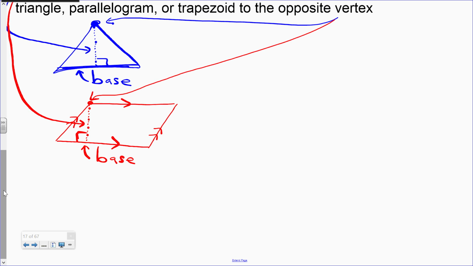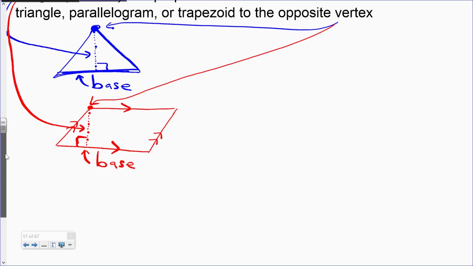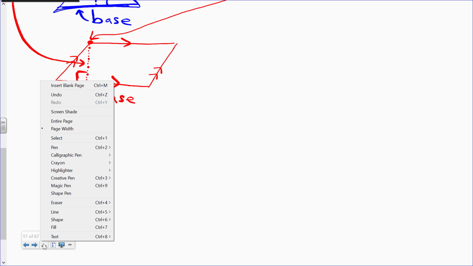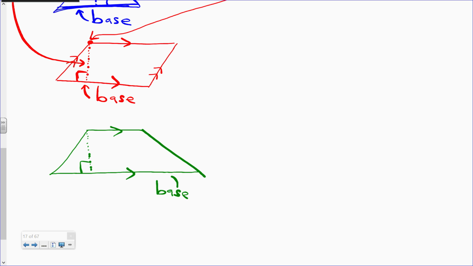Now let me draw the situation with the trapezoid. Trapezoid. Two sides are parallel. Perpendicular. Base here, base there.